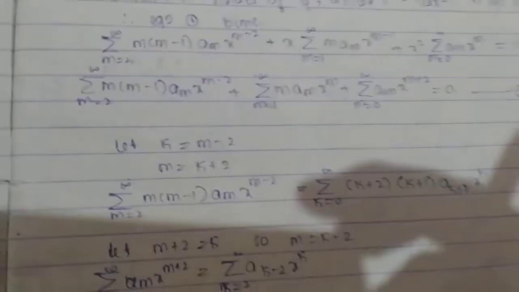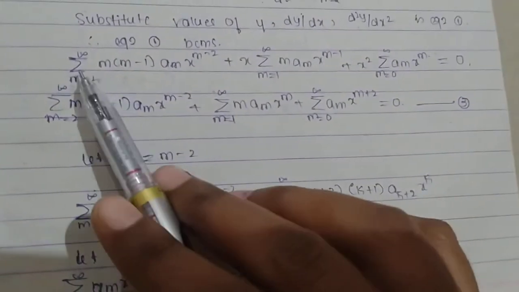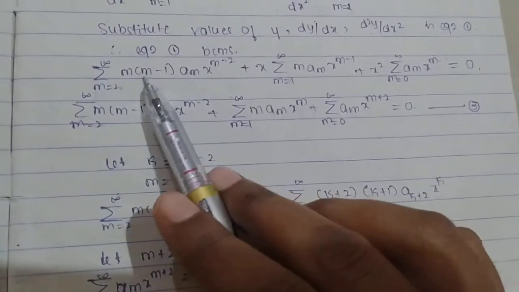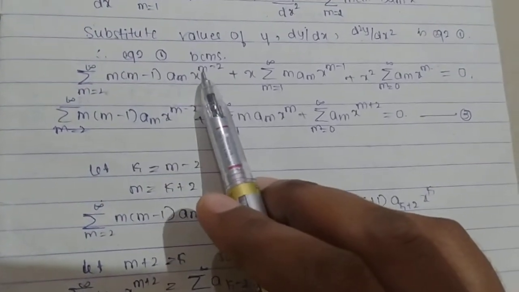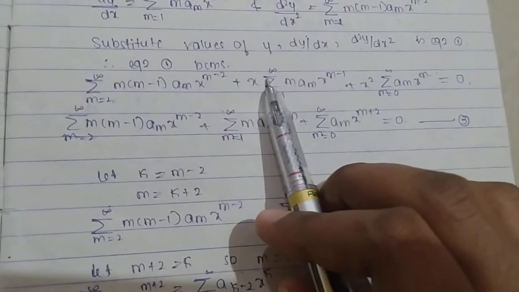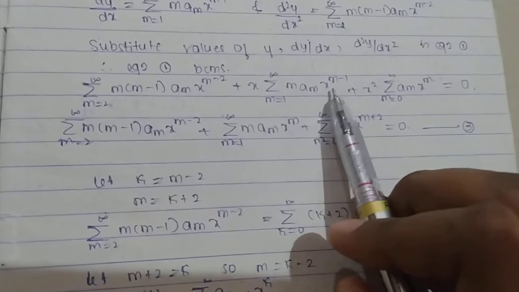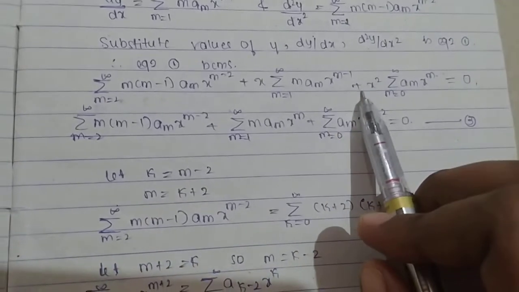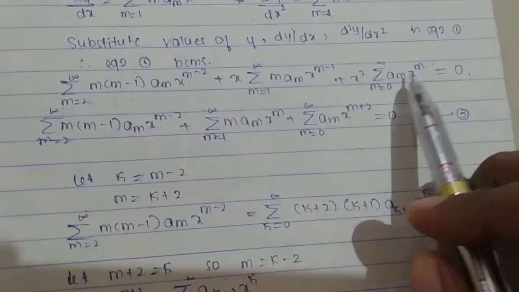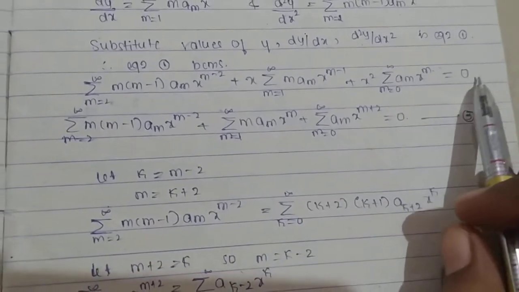Then my equation will look like summation m equal to 2 to infinity m(m minus 1) a_m x^(m minus 2) plus x summation m equal to 1 to infinity m a_m x^(m minus 1) plus x² summation m equal to 0 to infinity a_m x^m, and that is equal to 0.